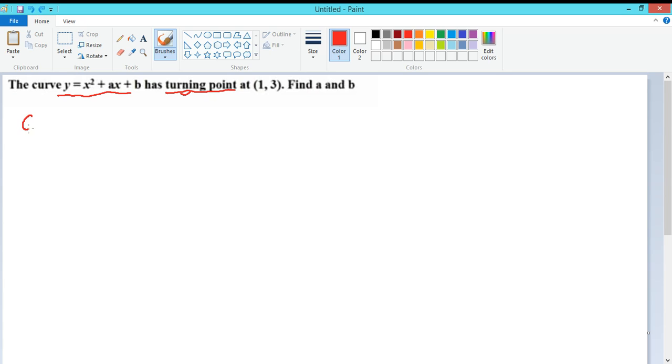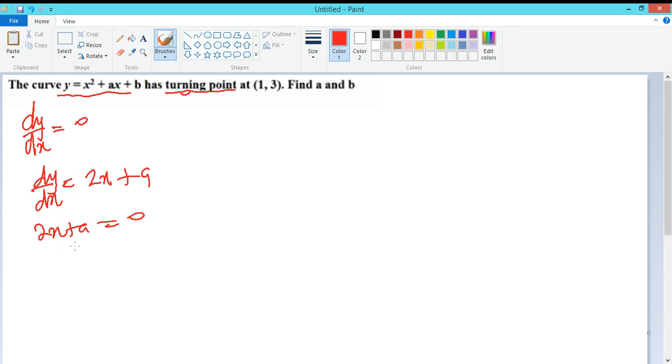We know that at the turning point, dy/dx is equal to 0. So my dy/dx is equal to 2x plus a. So my 2x plus a is equal to 0.